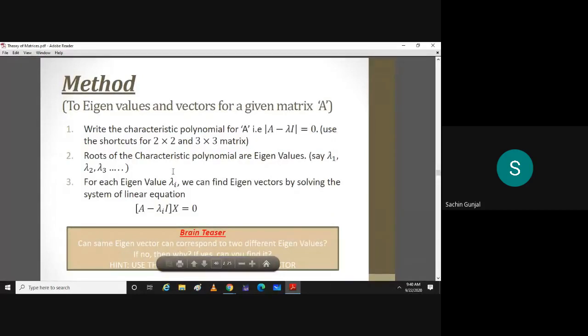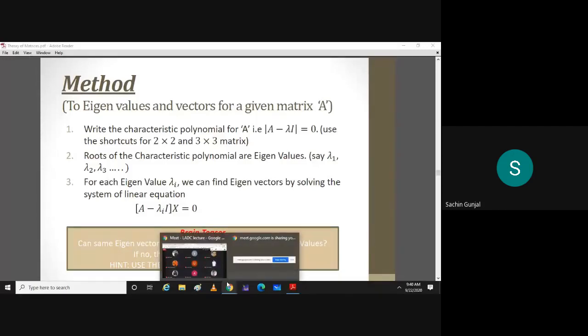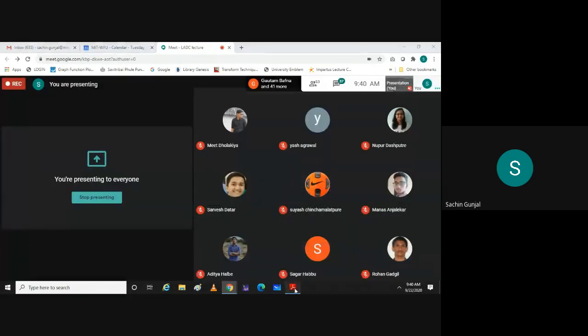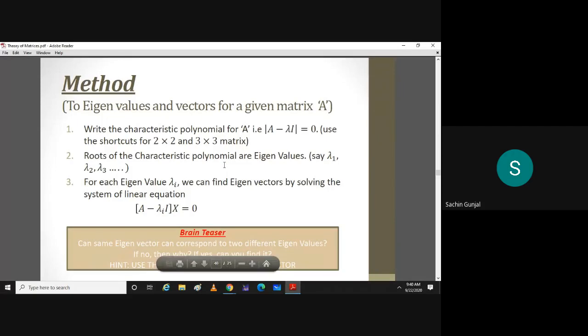Then the method to find eigenvalues and eigenvectors, that we elaborated yesterday. You find the characteristic polynomial using the shortcut method. Then you find the roots of that characteristic equation, and those are nothing but the eigenvalues. The corresponding eigenvector you can find by solving the system A minus lambda I times x equal to 0.